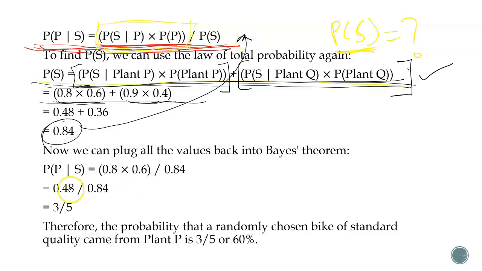You place it here and then you arrive at 3 over 5 to be our answer. We can also convert this to a percentage and we have 60% as our final answer. So this is the solution to the second question for the quiz.